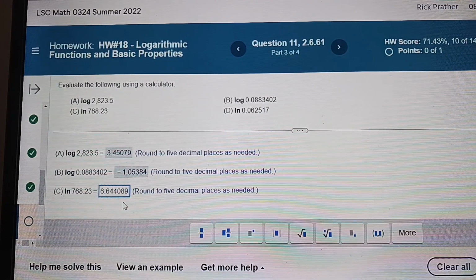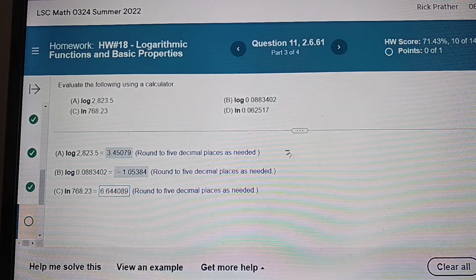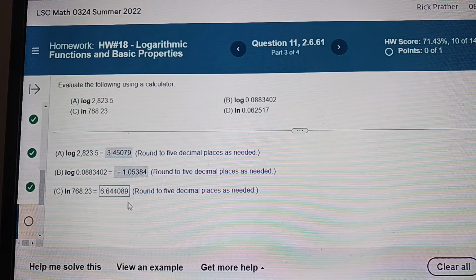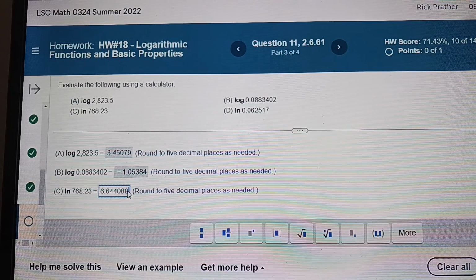The 9 will add 1 to the 8, making that a 9. Whoops, I didn't go over the 8 is what happened. The 8 should become a 9.